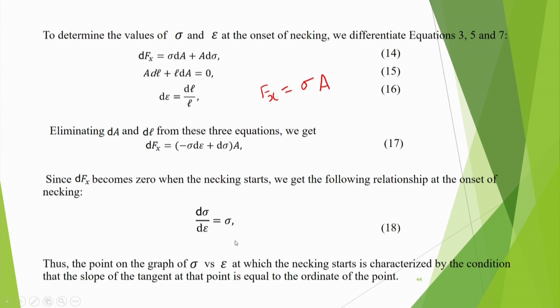Thus, the point on the graph of sigma versus epsilon at which the necking starts is characterized by the condition that the slope of the tangent at that point is equal to the ordinate of the point. That means d sigma by d epsilon is equal to sigma. But remember this, that this is expressed in terms of true stress and true strain. If you express in terms of engineering stress and engineering strain, then it may be somewhat different.